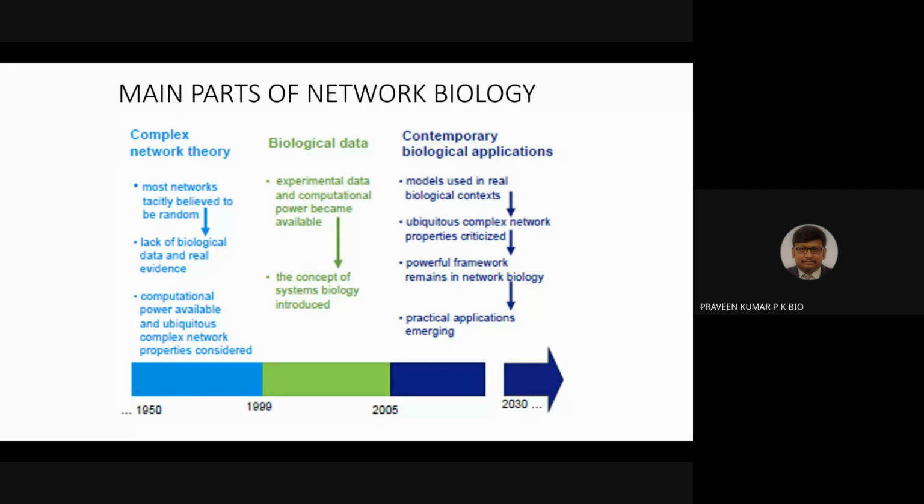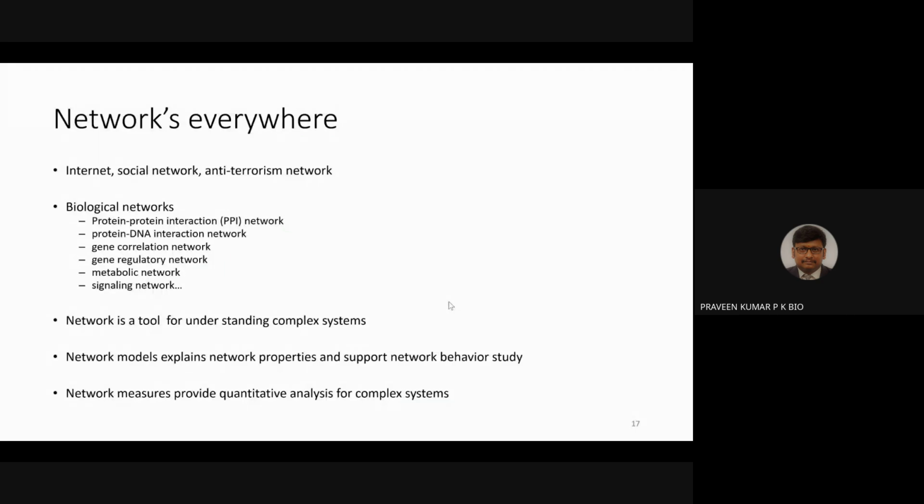Only after 1999 did we have some biological data, and systems biology came into existence with the introduction of so many genomes, and proteomes started to develop after getting the final draft of the genomes. From 2005 to 2030, contemporary biological applications, models used in real biological contexts, so many ubiquitous complex networks and powerful frameworks are being worked on in network biology.